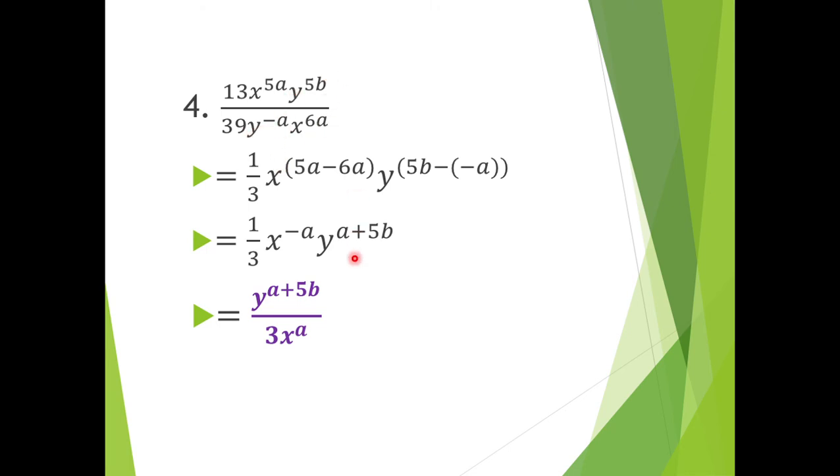It should be 5b minus a. Ah, minus, plus b. Oh, it's actually plus. The answer is actually correct.